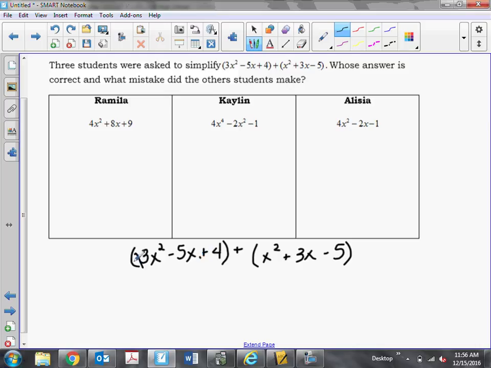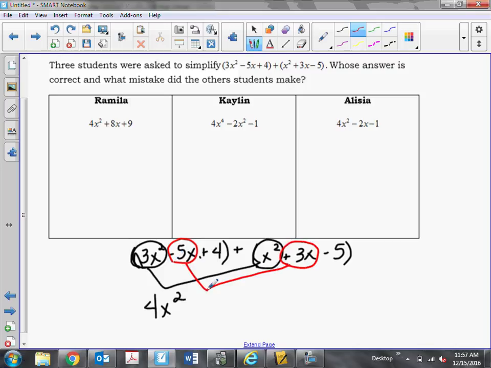So we should see that 3x squared and x squared combine to being 4x squared. We should also see that negative 5x and 3x would give me a negative 2x. And then the last thing we should see is that this 4 and this negative 5 will give me a negative 1. So let's go ahead and find out who did it correct. Who got the answer of 4x squared minus 2x plus 1?